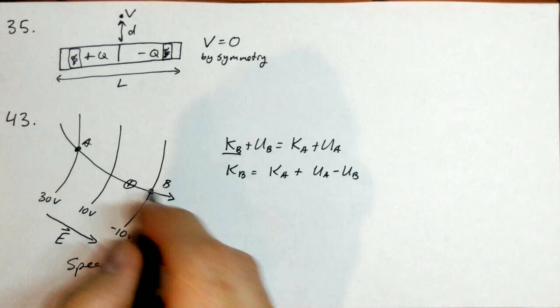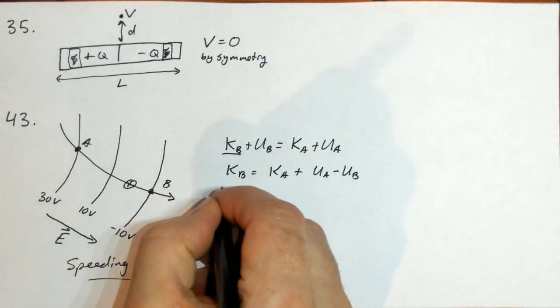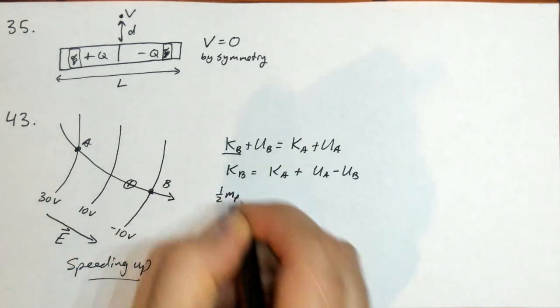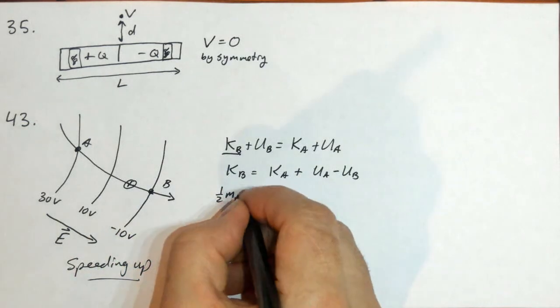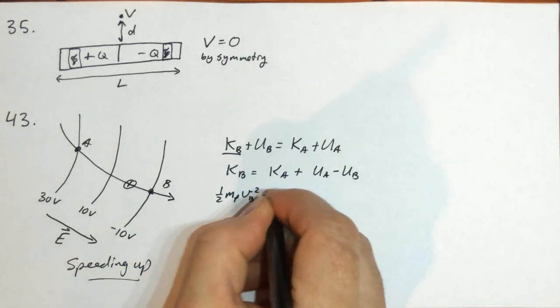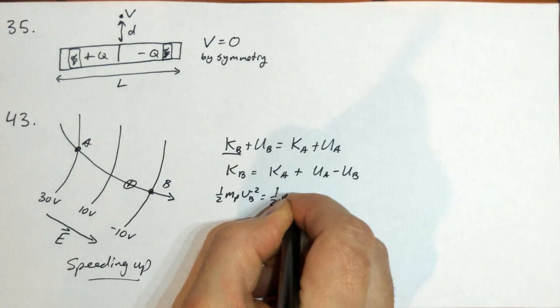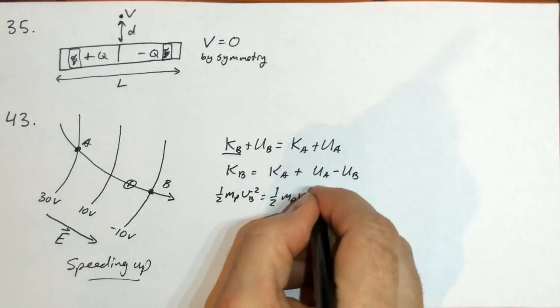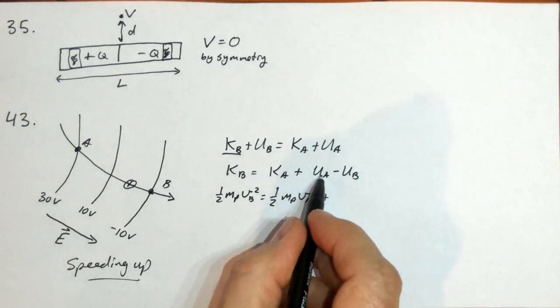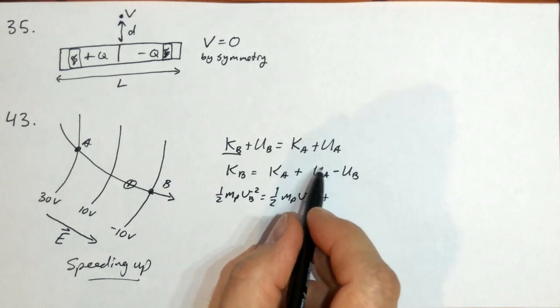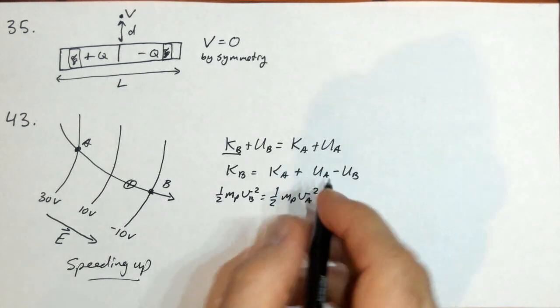All right? Now plugging in what we know these to be, this is 1/2 m, and it's a proton, times VB squared equals 1/2 mp VA squared, plus, and potential energy is equal to the charge times the potential.